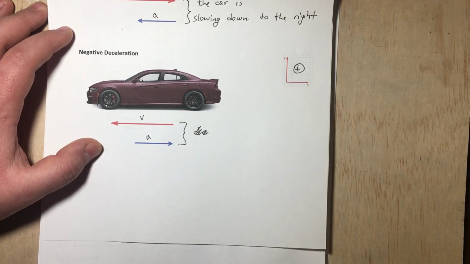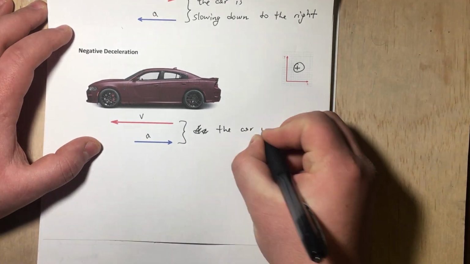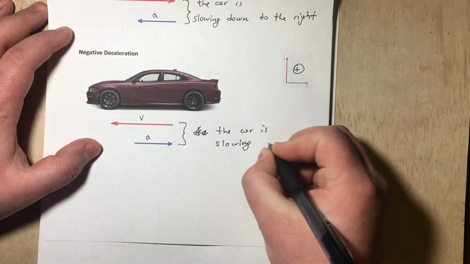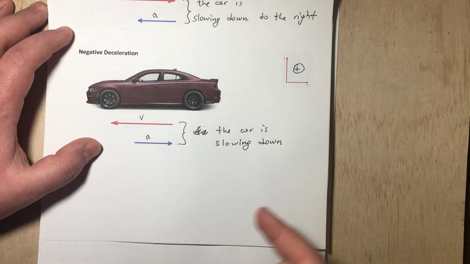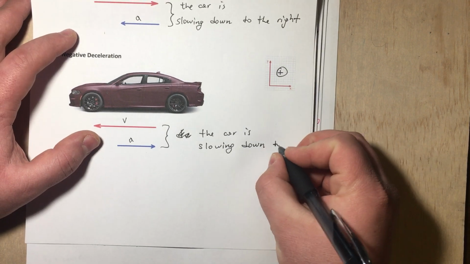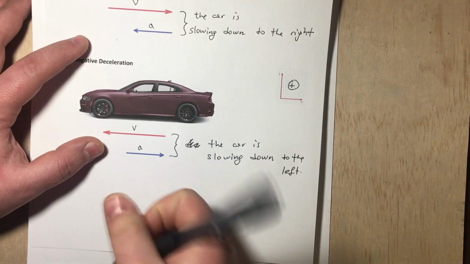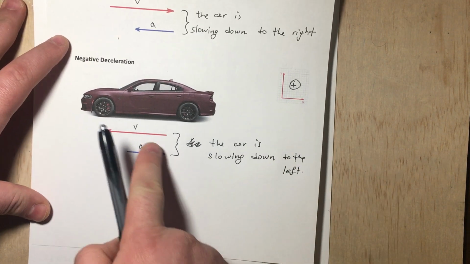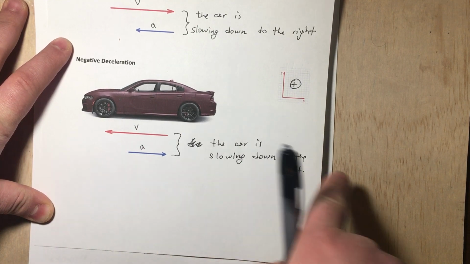Which means that the car is slowing down. However, in this case, the car is slowing down to the left, and that is because the car is already moving to the left. However, as time passes by, the car is going to slow down because the acceleration is pointing in the other direction.